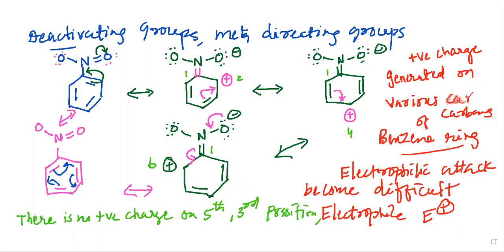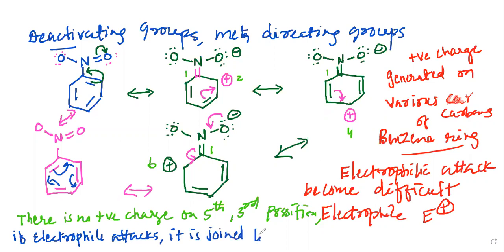So what we can easily understand in this case is, if the electrophile attacks, it is joined to the third carbon or the fifth carbon.